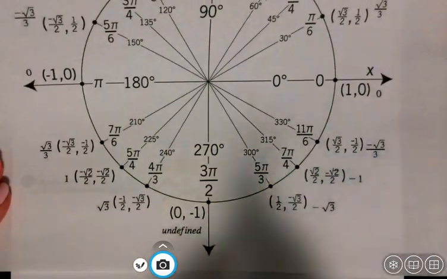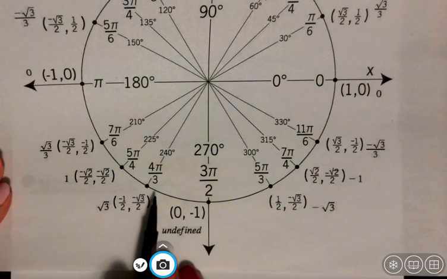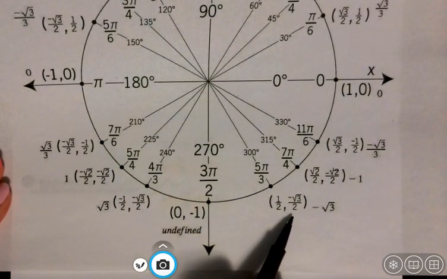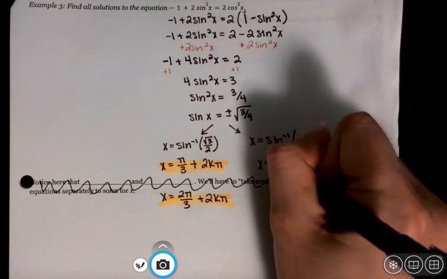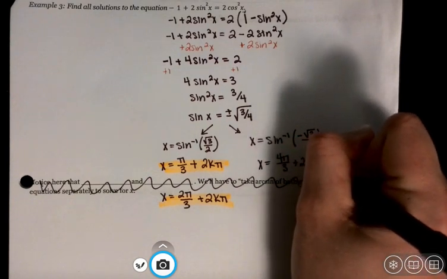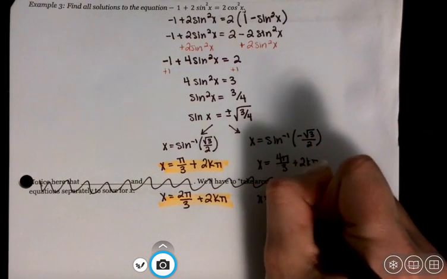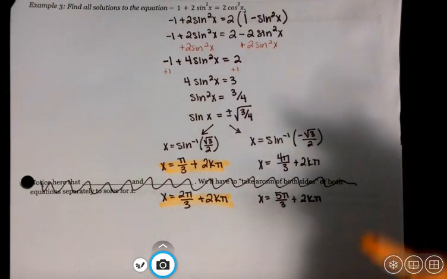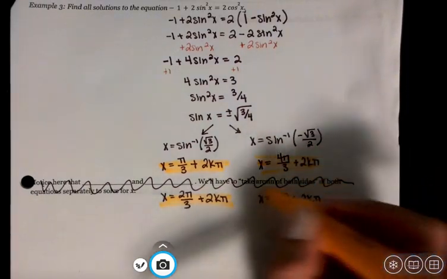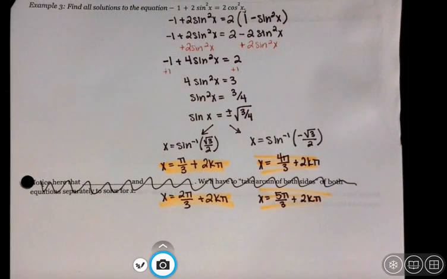So a y value of negative square root of 3 over 2, I got one here at 4 pi over 3, and one here at 5 pi over 3. So we know x equals 4 pi over 3 plus 2k pi, and 5 pi over 3 plus 2k pi. If you forget that 2k pi, you will not get credit for any of the work that you do.